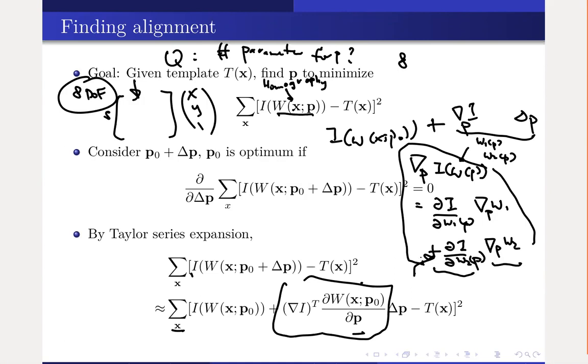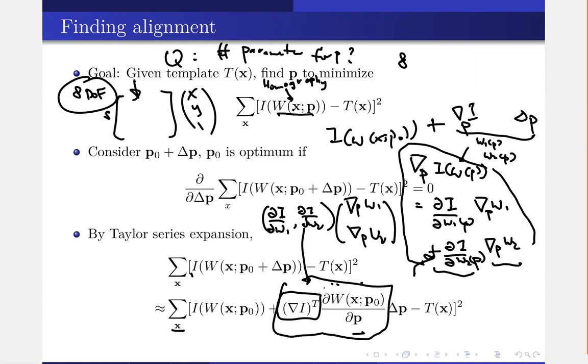So you see, I can write it in vector form. The gradient of I I can write as partial I, partial W1, partial I, partial W2, which is basically the gradient of I transpose. And this term here I can write as the gradient with respect to P of W1, and of W2.